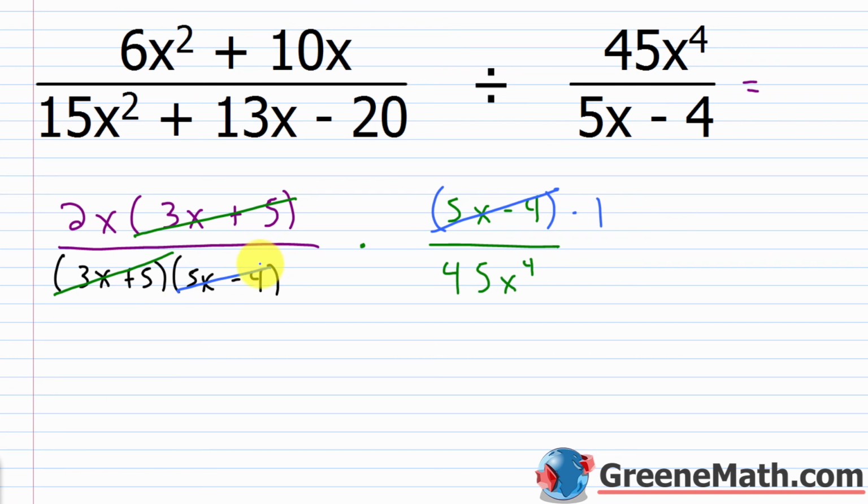So all I'm left with here is 2x times 1, or just 2x, over 45x to the 4th power. Now, can I simplify this any further? Yeah, I can cancel one of these x's, this would be x to the 3rd now, with this x here. Between 2 and 45, there are no common factors other than 1, so I really can't do anything with that. So we'll end up writing this as 2 over 45x cubed.